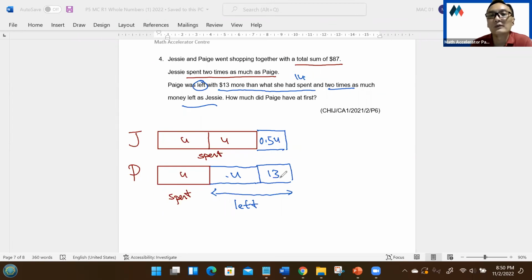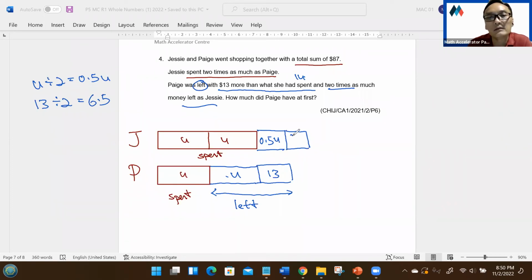And then we also have to divide 13 by 2, right? So 1 unit divided by 2 is 0.5 unit. What about 13 divided by 2? What do we get? 6.5. Very good, right? So here we have 6.5.